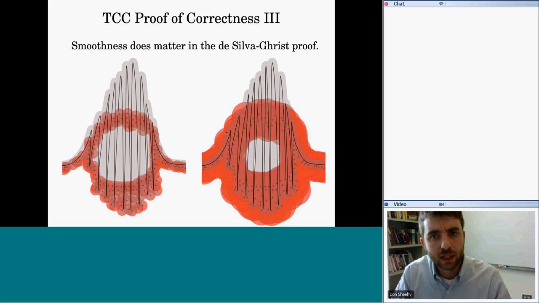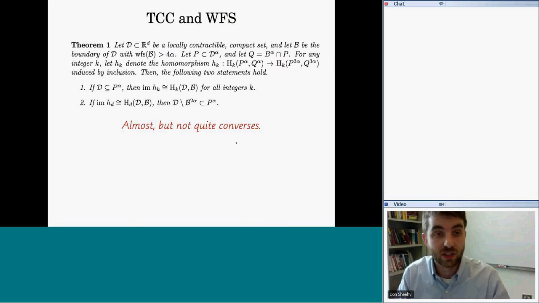And so if you try to take the proof from the original paper and just push it through with the kind of geometric perspective we've taken, you will get stuck here. And doing the proof directly on homology turns out to make it, I think, more general, because you don't have to consider extra conditions on the boundary.